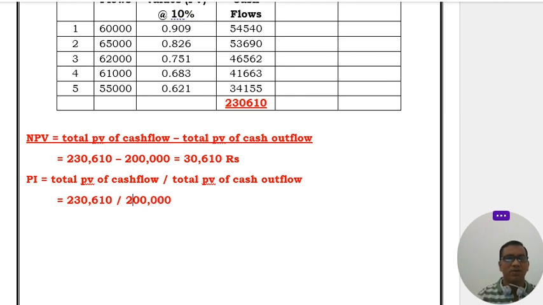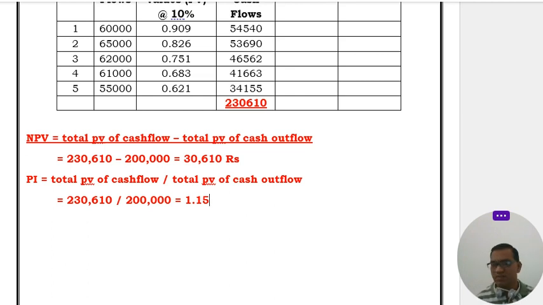What is the answer? Here you will get it as a ratio. 230,610 divided by 200,000 equals 1.15.